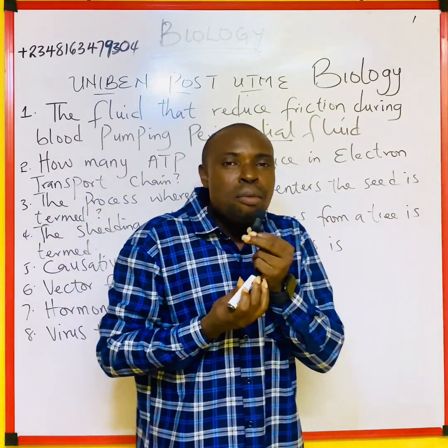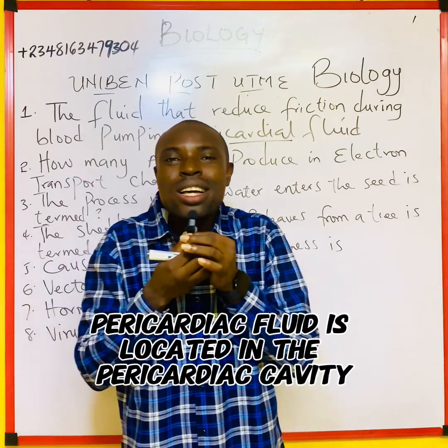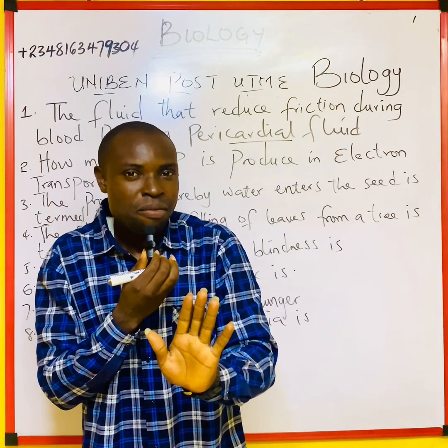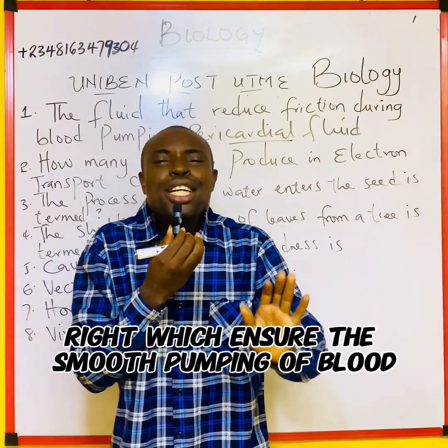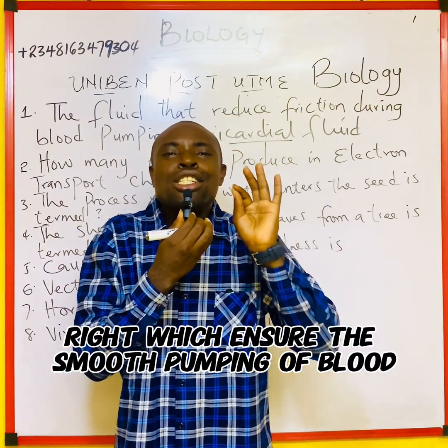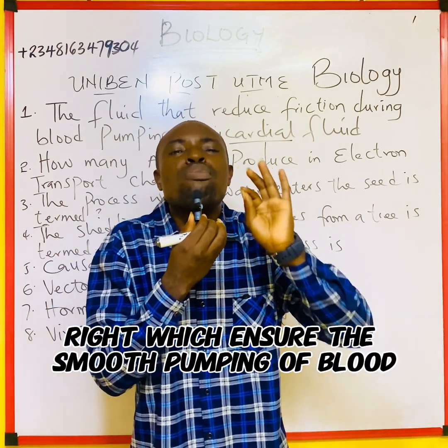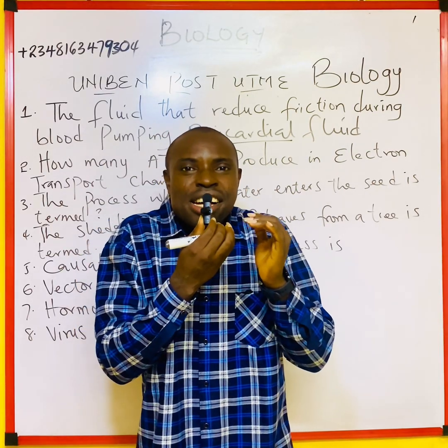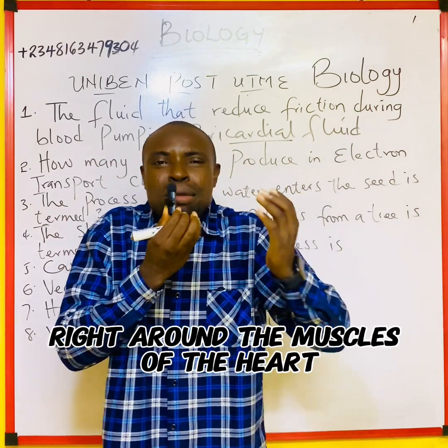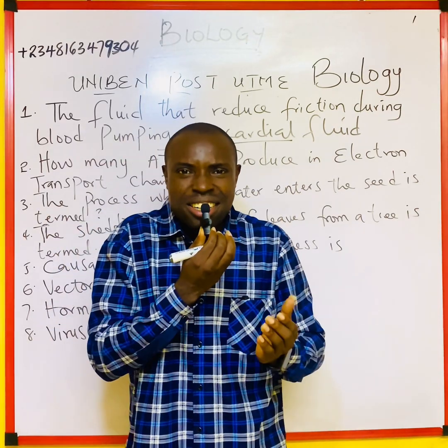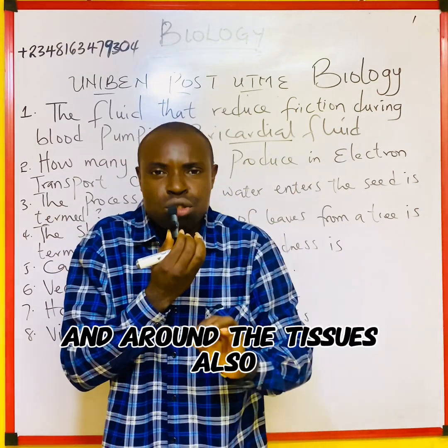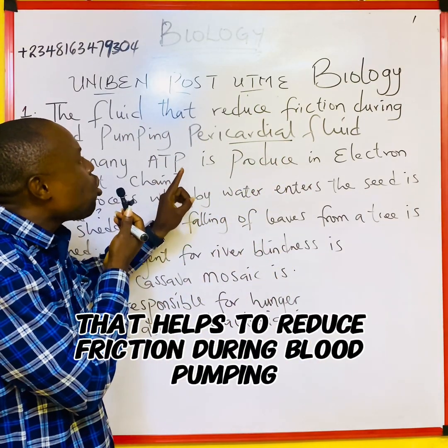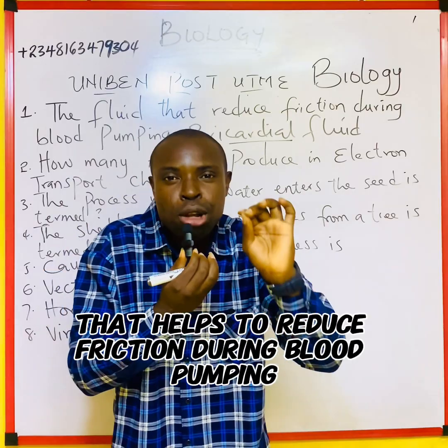Pericardiac fluid is located in the pericardiac cavity, which ensures the smooth pumping of blood without any friction around the muscles of the heart and around the tissues also. So it is this fluid that helps to reduce friction during blood pumping.